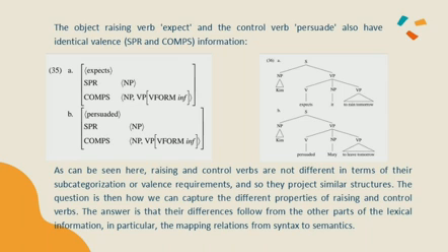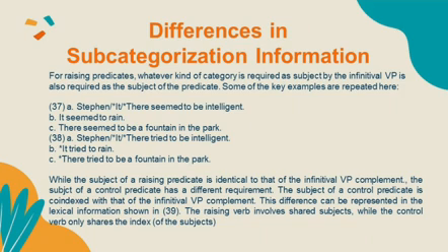And the next slide. Differences in subcategorization information. For raising predicates, whatever kind of category is required as the subject by the infinitival verb is also required as the subject of the predicate. Some of the key examples are repeated here.